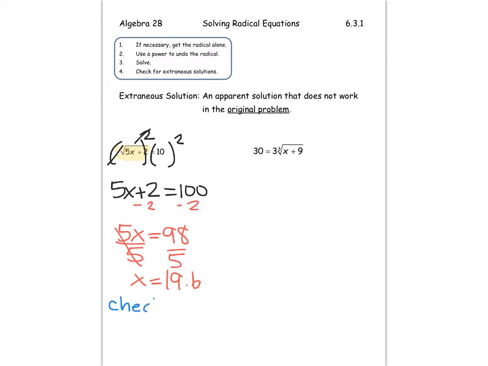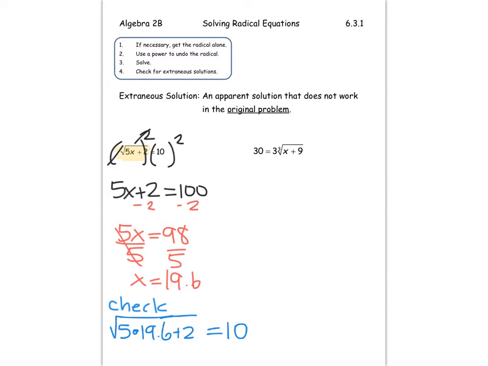If we're going to check, we need to place 19.6 in for x in the original math problem before we squared both sides. So we're going to have the square root of 5 times 19.6 plus 2, all in the square root. And we're going to make sure it equals 10.